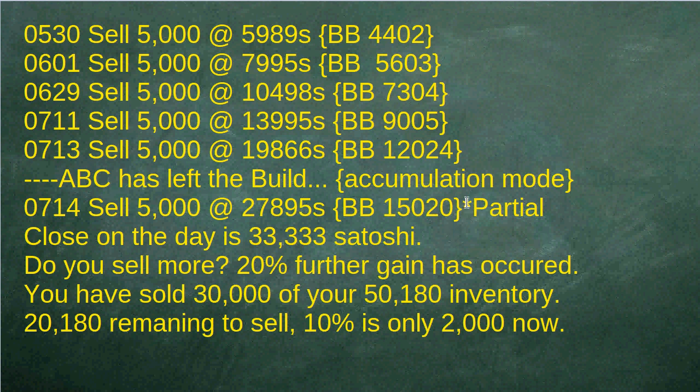Now on this asterisk where it says partial. Now that we're no longer in accumulation mode, I don't want to buy 100% of my Bitcoin into altcoins. I want to do it somewhere in between. Normally, if I were to sell 5,000, I'd be looking to buy back maybe 7,000 or 6,800.